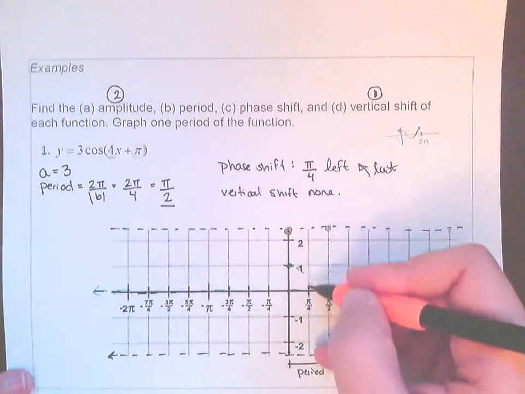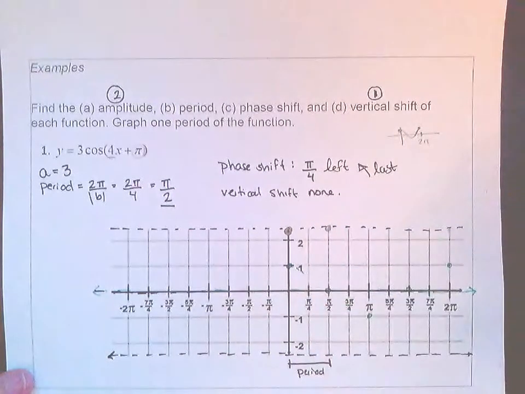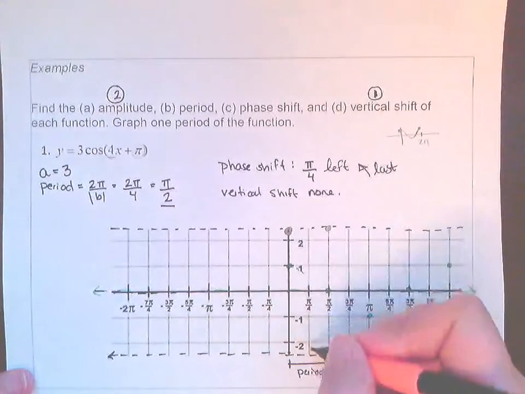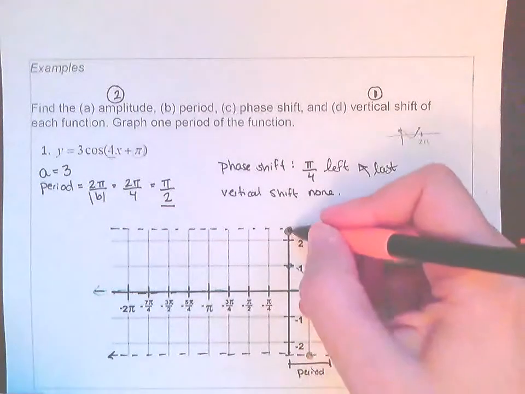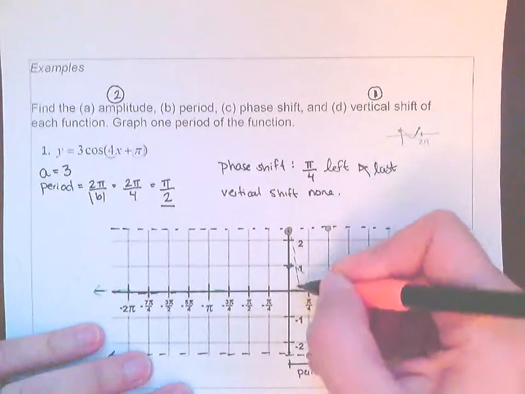And then the middle point, which is pi over 4, is going to be our trough, our lowest point, which is all the way down here. So I'm just going to draw this rough sketch.